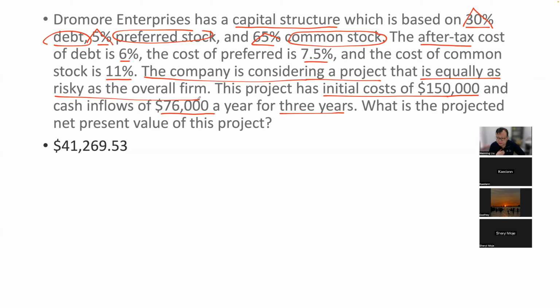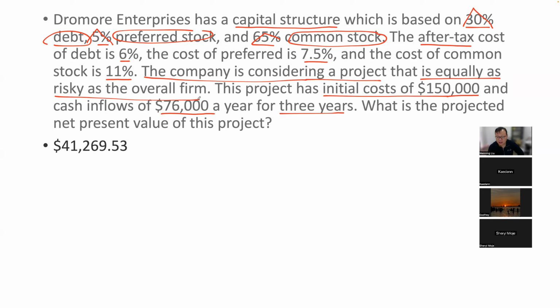The expected return of the firm would be considering the expected return of the debt, the expected return of the equity, right? And you put the weight. So you calculate the cost of capital. So once you figure out the cost of capital of the firm, that same rate applies to this project because it's equally risky.